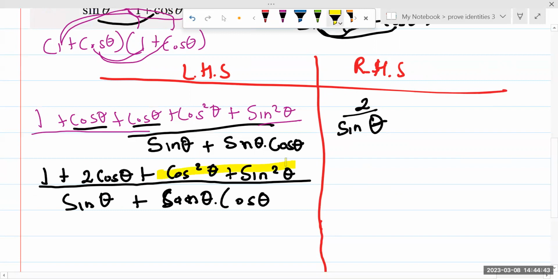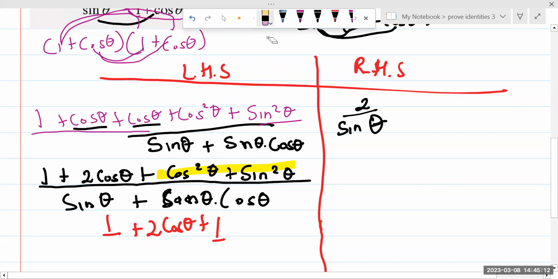Cos square plus sine square, what is that? 1. So we have 1 then. Yes. So we come and say, okay, you are going to write this whole thing here as 1, okay? But we still have the following. So we have plus 2 cos theta. But we still have plus 1 here. Now, this one and this one clearly they're like terms. I think everyone can see that. What is 1 plus 1?